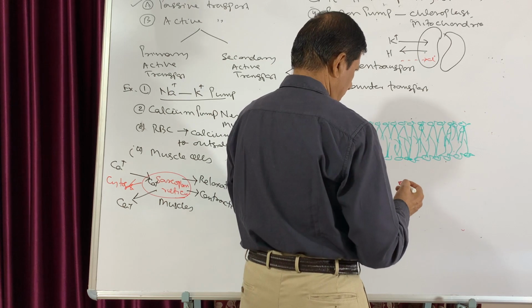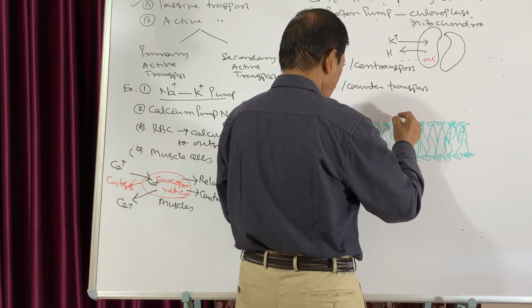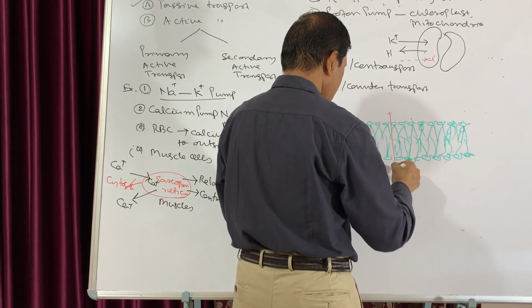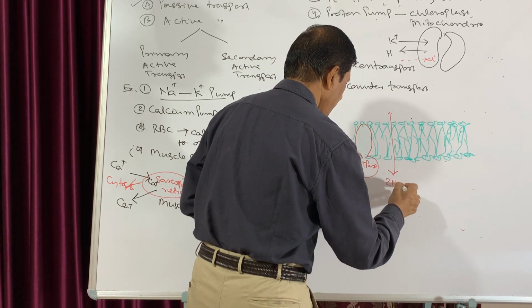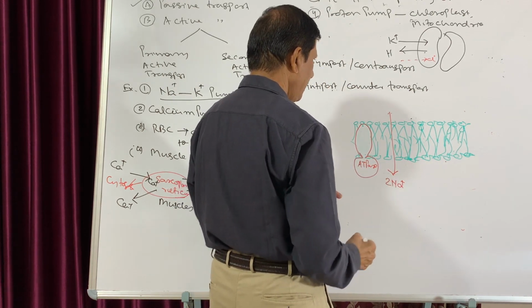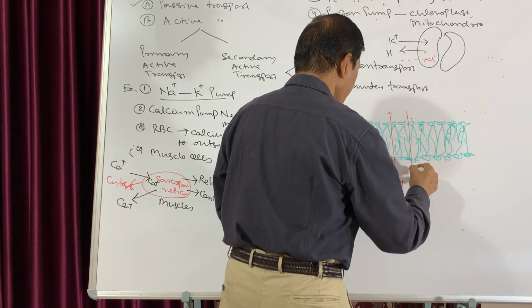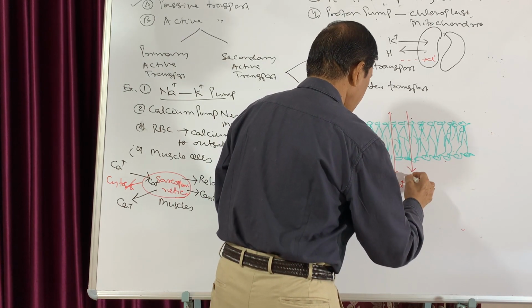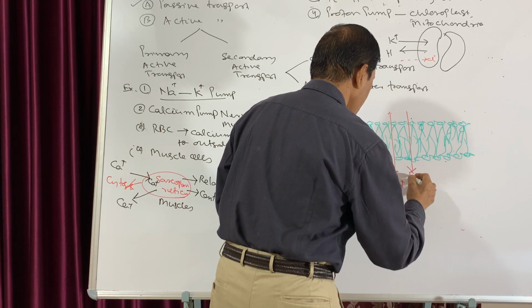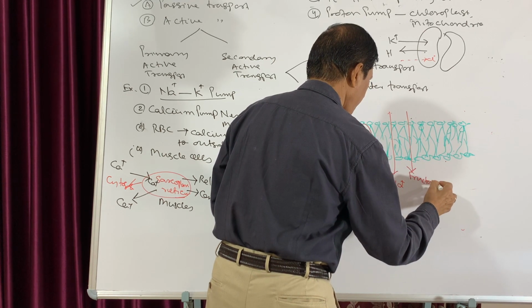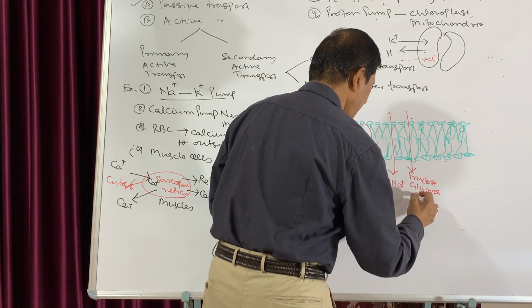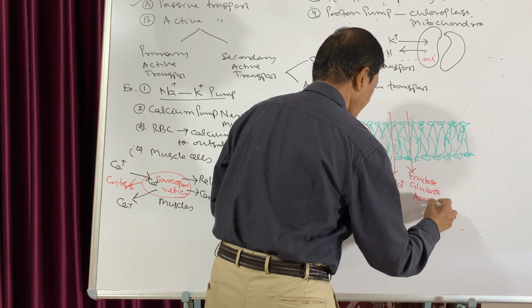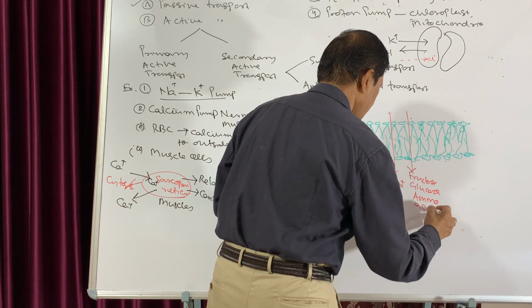Now when two sodium ions come inside, along with them the fructose, glucose, and amino acids will come.